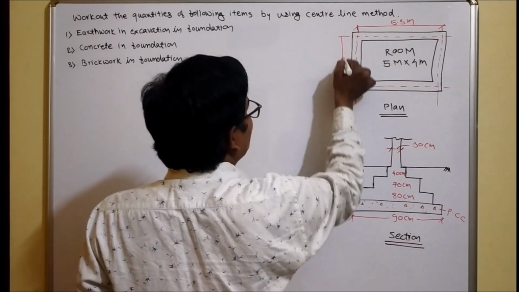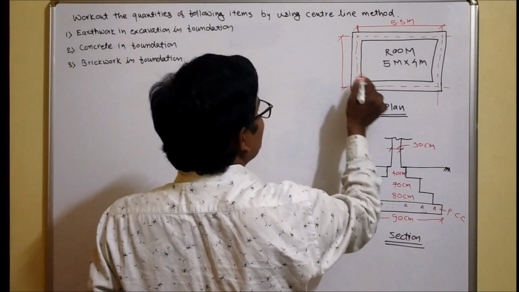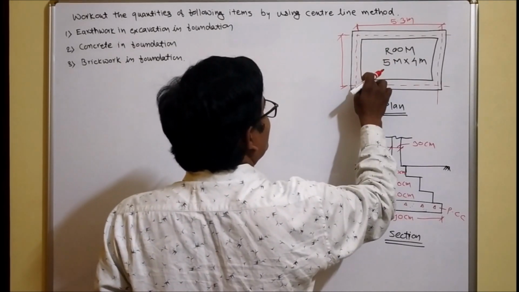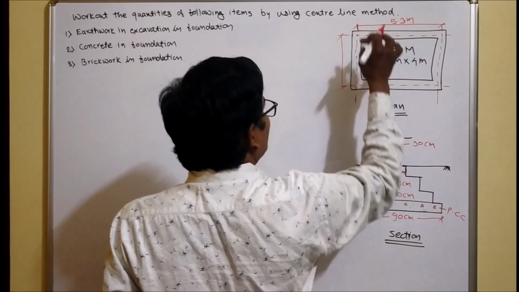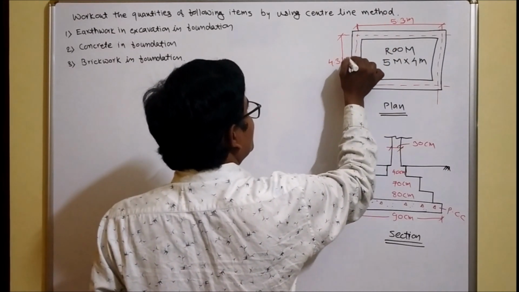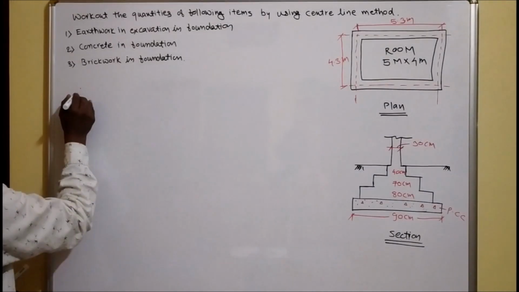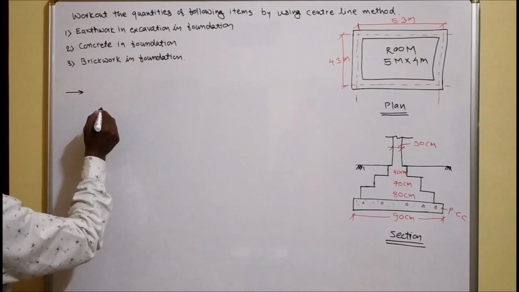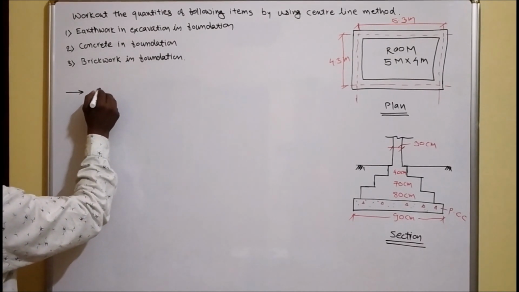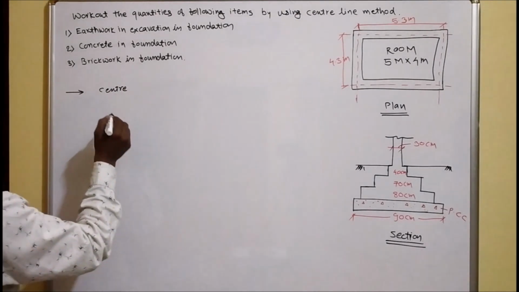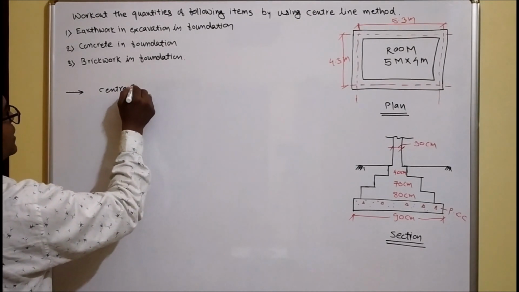And for this direction, 4 meter plus half width of wall, that is 4.3 meter. Therefore, first of all, I will calculate the center line length.